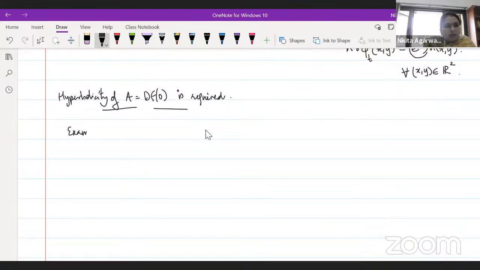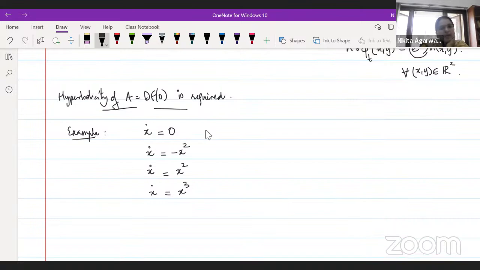So let us look at this example. Actually, a series of examples. Consider x dot equal to 0, x dot equal to negative x square, x dot equal to positive x square, and x dot equal to x cube. Okay.